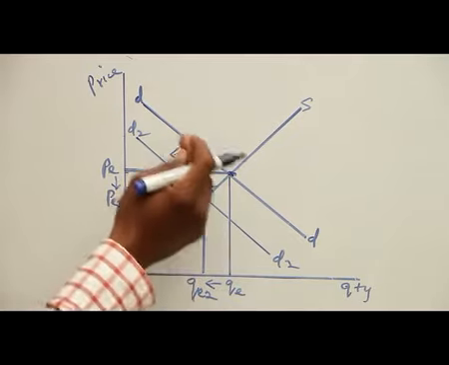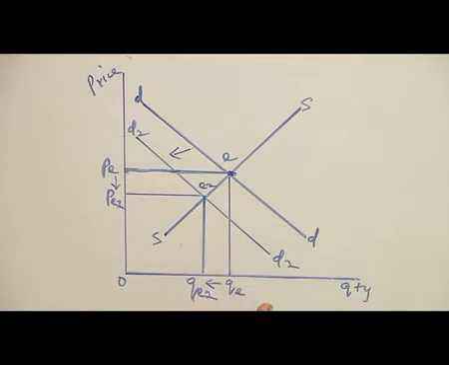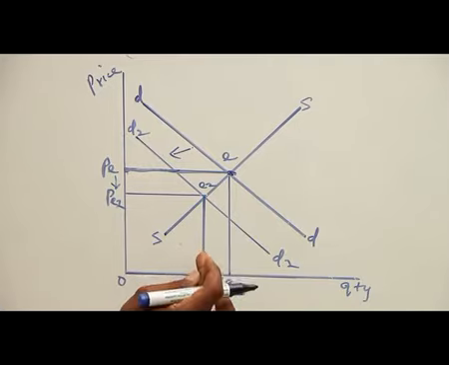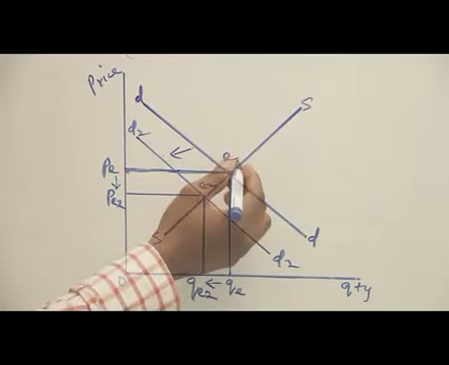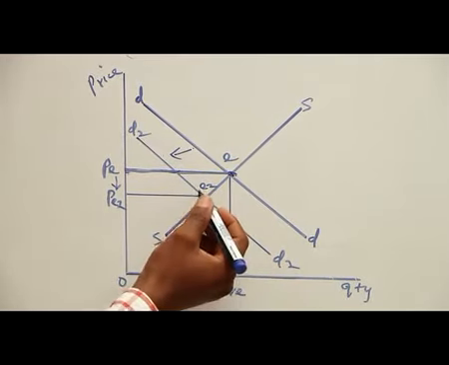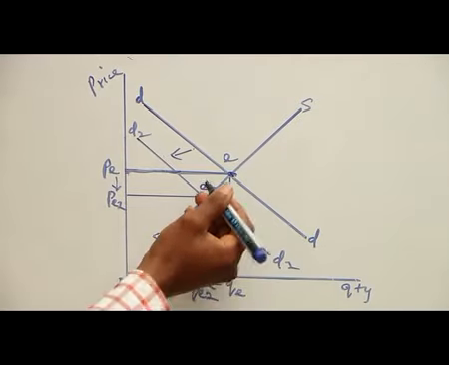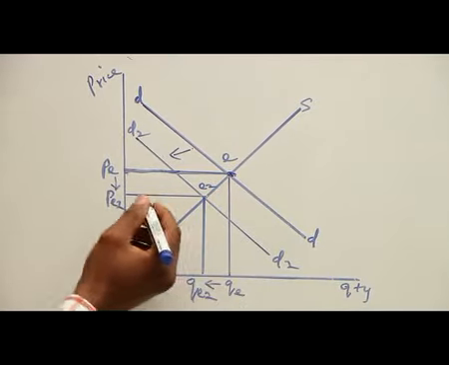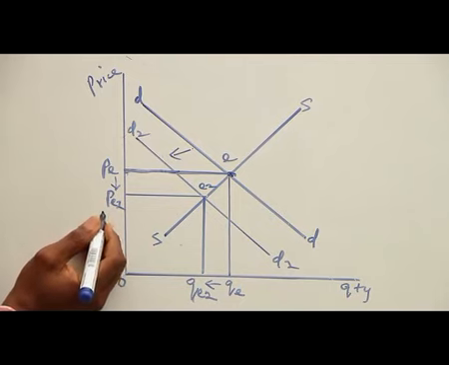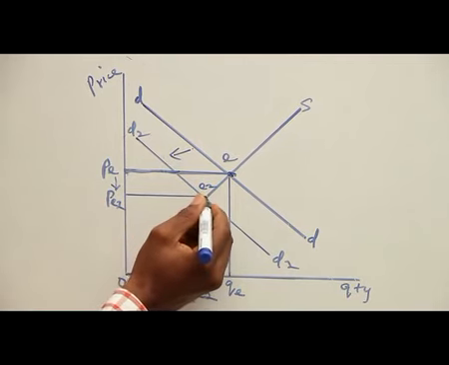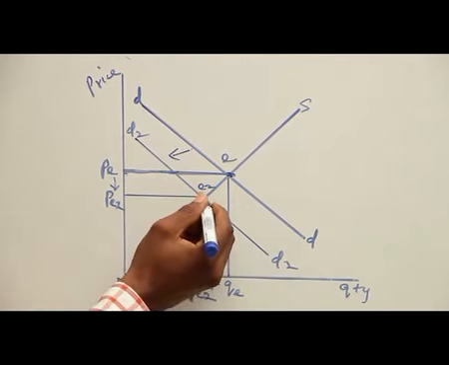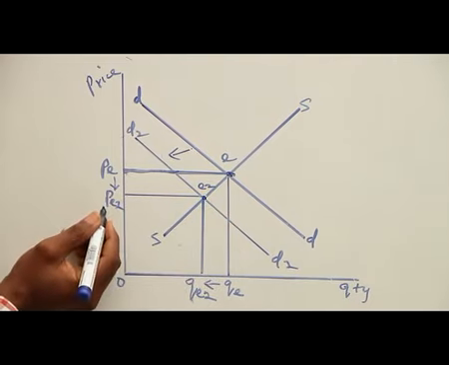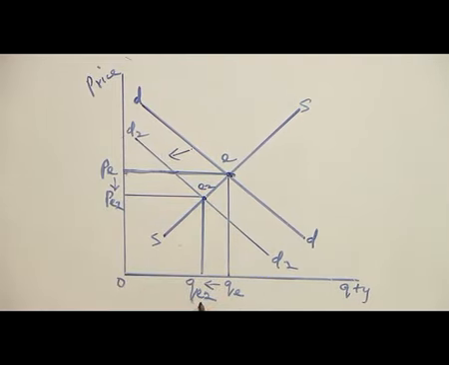Now, having observed a decrease in demand, supply will be greater than demand. So when supply is greater than demand, there is no way price will not come down. Due to that, it leads to a decrease in equilibrium price and a decrease in equilibrium quantity.